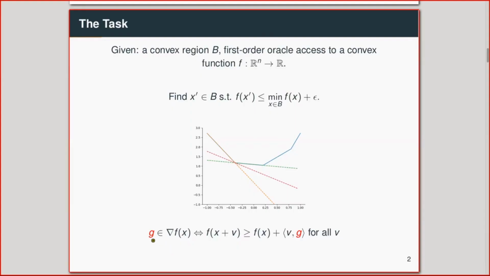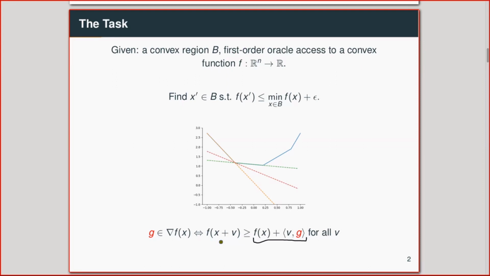So we say that a vector is a subgradient at x if and only if the plane defined by that subgradient is always smaller than the function value. And just to be technically correct, we should be dealing with subgradients.